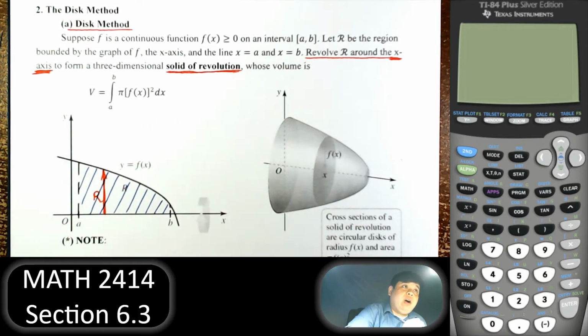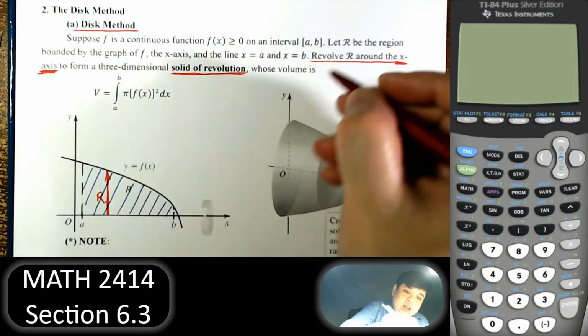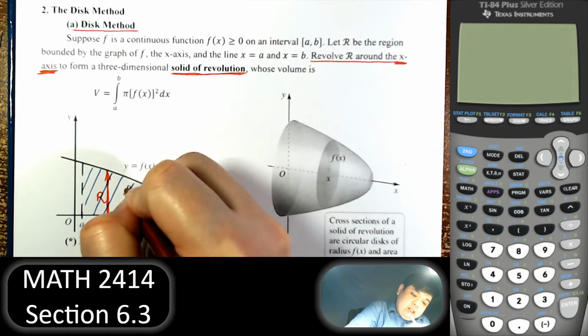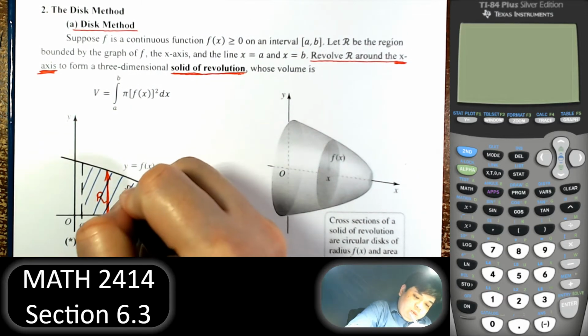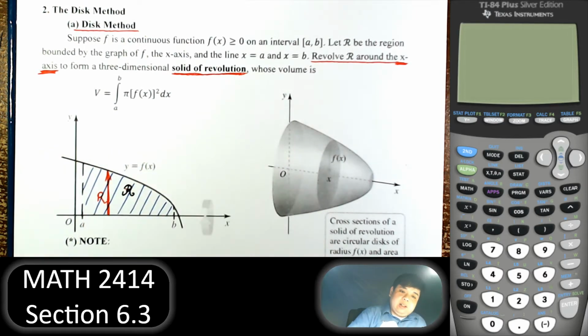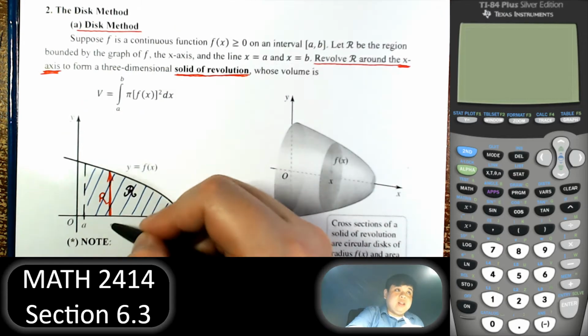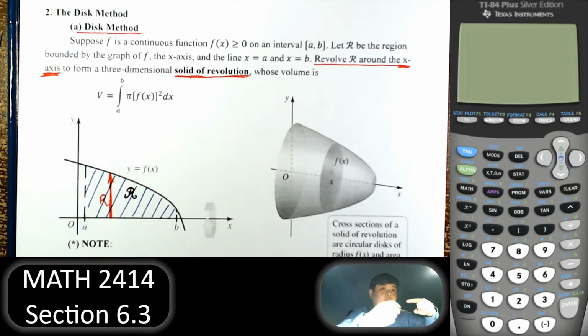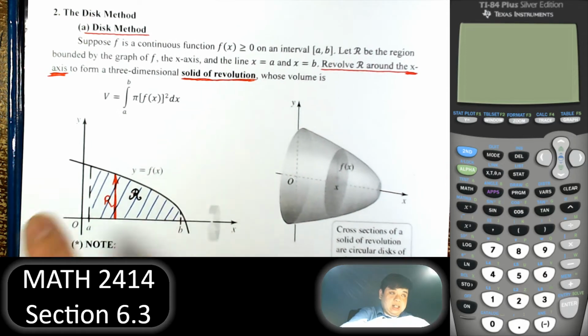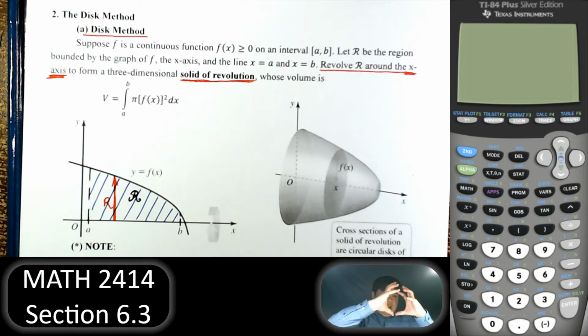That's why I write a different r: the radius is r, and the region is the script R. So we have the radius, the distance from the axis of rotation to the edge of the region, and then we rotate that. When we rotate that radius, we're going to have a disk.